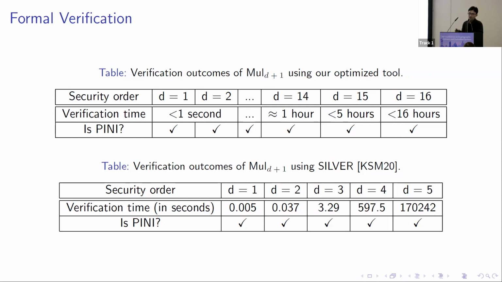We also use the popular tool Silver. The verification can be completed up to order 5, which is the largest secret order that can be achieved for a multiplication gadget using Silver.